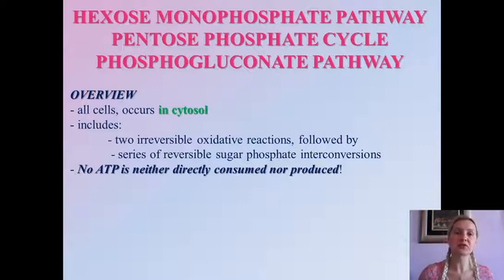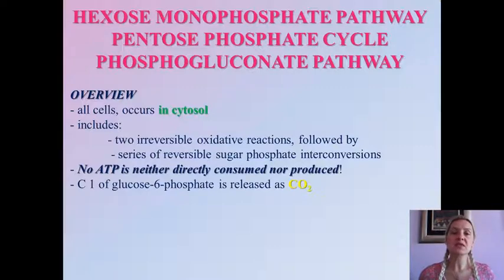But the very important thing is that during this catabolic pathway, ATP is neither directly consumed nor produced. So it is catabolic, but it's not an energy-yielding pathway. During this pathway, one carbon atom from the glucose molecule, the C1 carbon atom, is removed and released in the form of carbon dioxide.